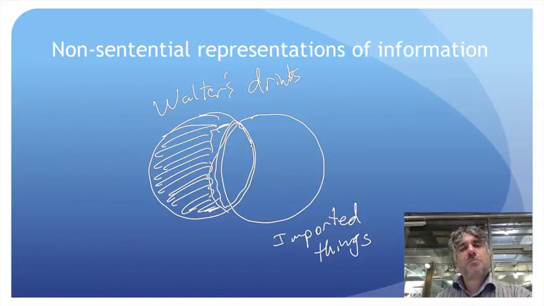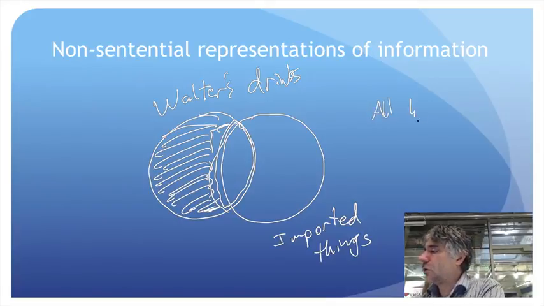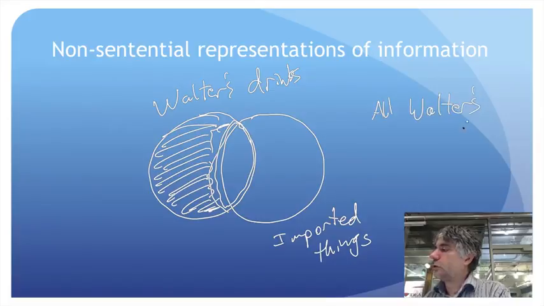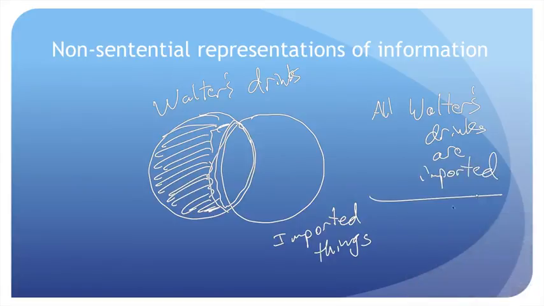Okay, and now we have a Venn diagram that represents the very same information that was represented by those 7 sentences. But what's the point of representing this information using a Venn diagram? Well, the Venn diagram shows us which deductive arguments that use that information are valid and which are invalid. So, for instance, consider the argument from all Walter's drinks are imported to all imported drinks are Walter's.